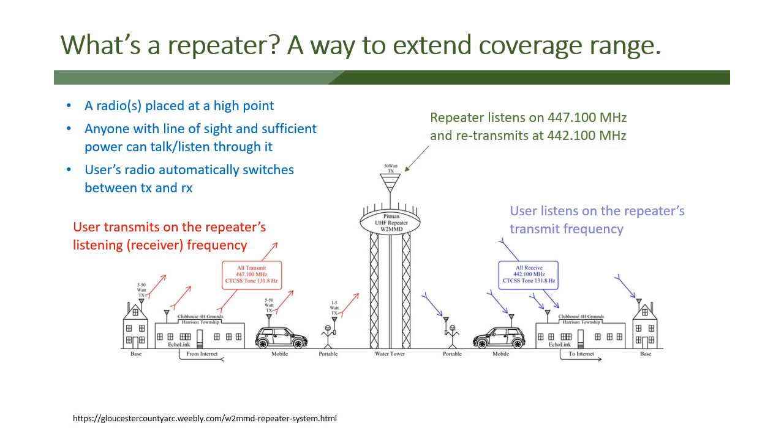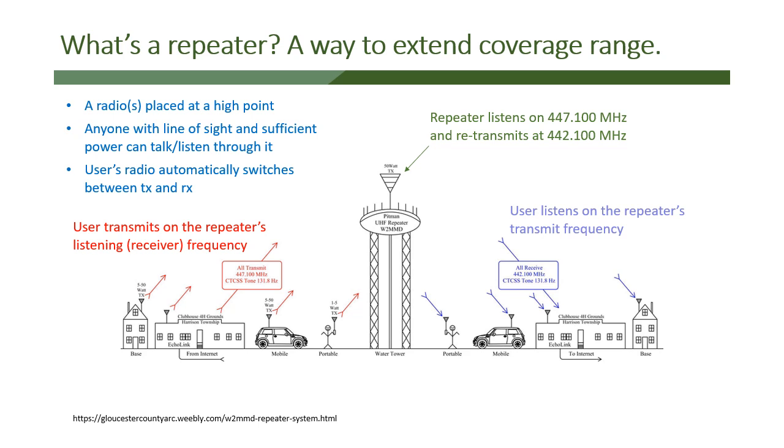So look at the pattern here. The person is transmitting at the frequency the repeater is listening at, and the person who is going to be talking to you is listening to the repeater on the frequency it's transmitting at. So that's the pair.